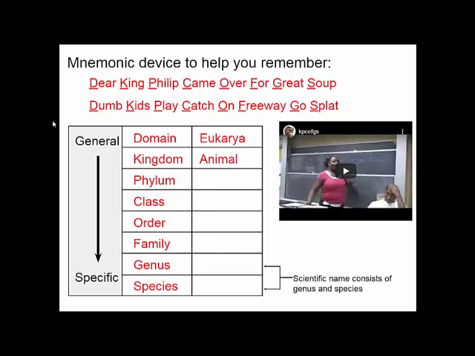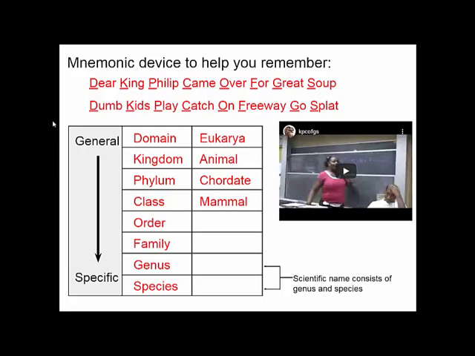We are vertebrates. That is called the chordate phylum. You have a dorsal spinal cord. How about class? Mammals. Yes, we are mammals.